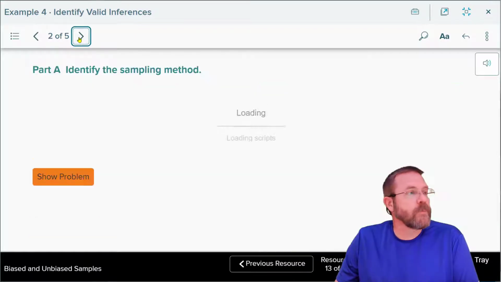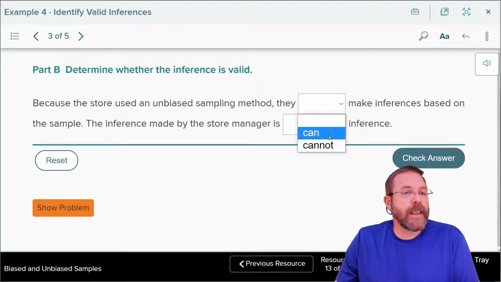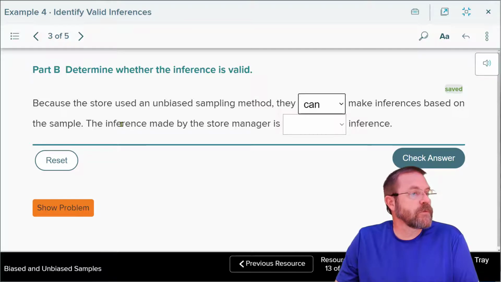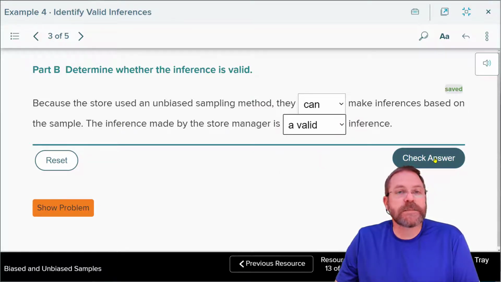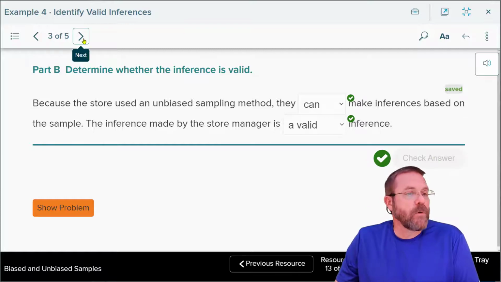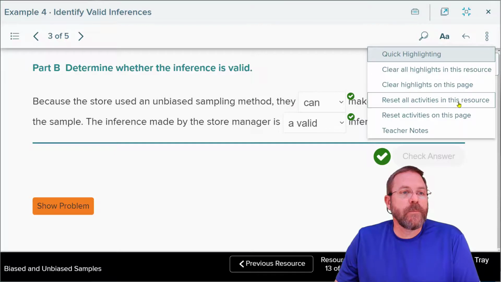And because the store had an unbiased sampling method, they can make inferences based on the sample, and the inference made by the store manager is going to be a valid inference. That's all there is to doing these. Easy math. We'll go ahead and reset that one.